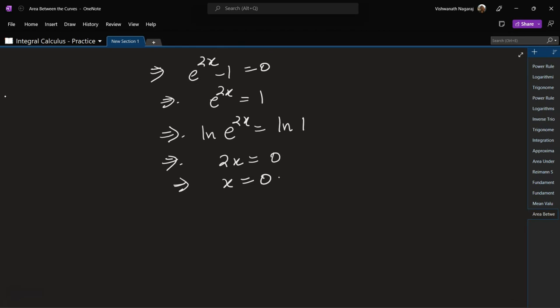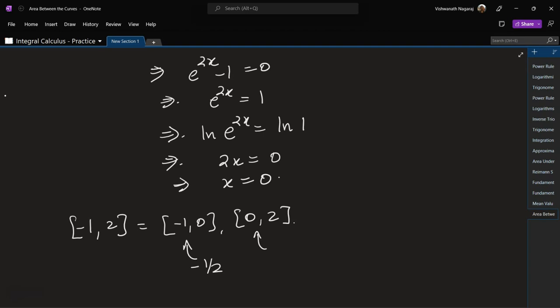Okay, so which means our interval minus 1 to 2 gets split into minus 1 to 0 and 0 to 2. Okay, now let's pick a value here. So let's pick minus half and let's pick a value here and let's pick 1.